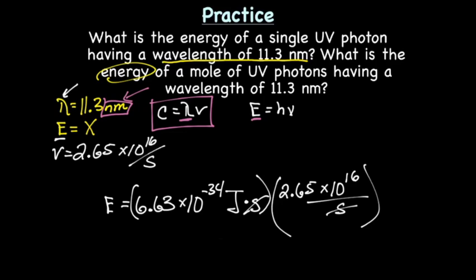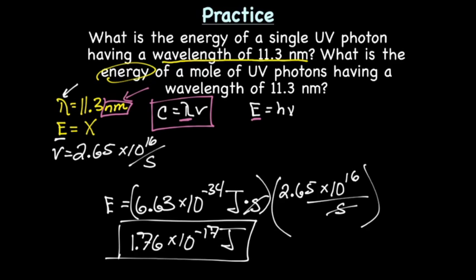We can cross out our seconds, and when we do the mathematical calculations, I came up with 1.76 times 10 to the negative 17th joules. Okay. So that is the amount of energy that one UV photon can have.